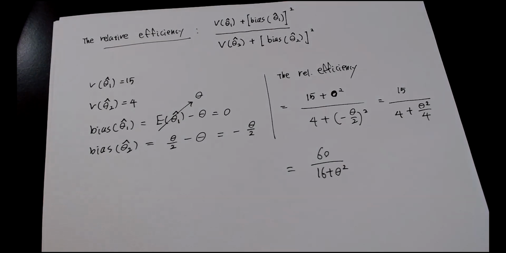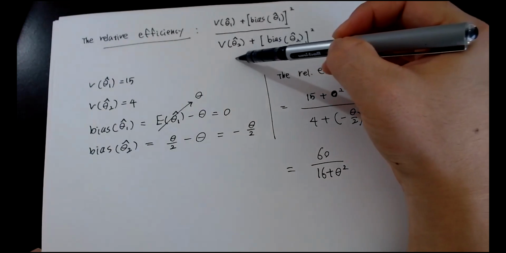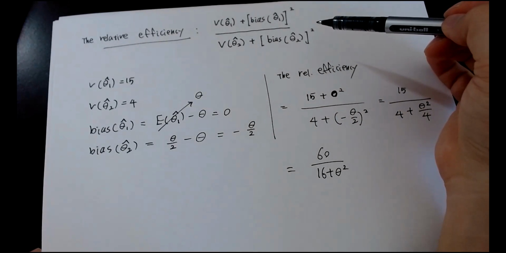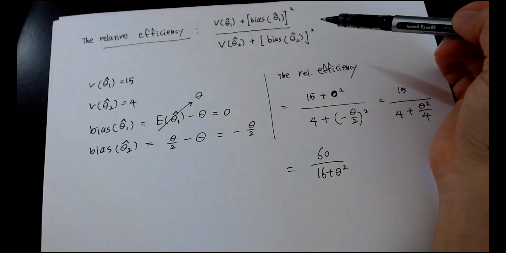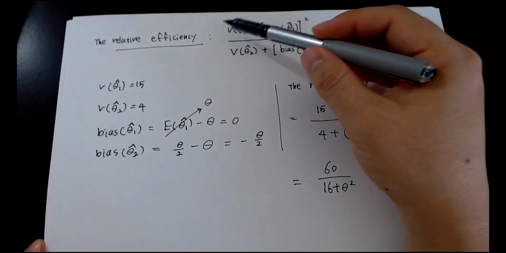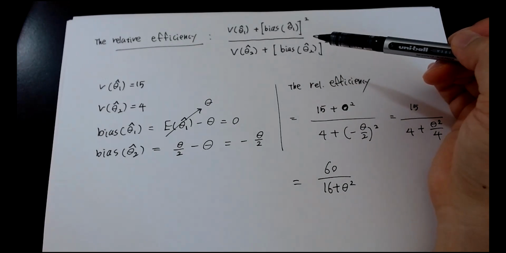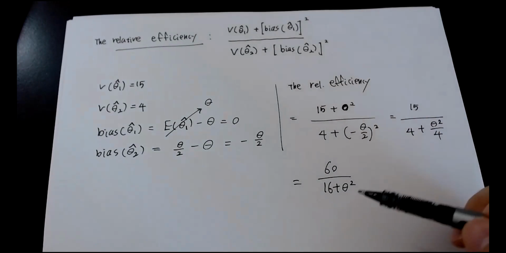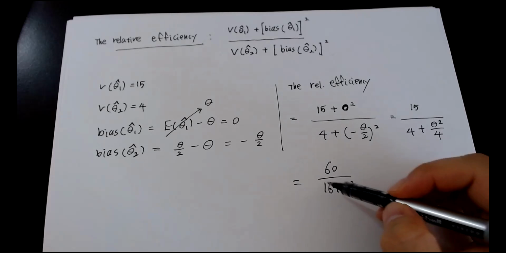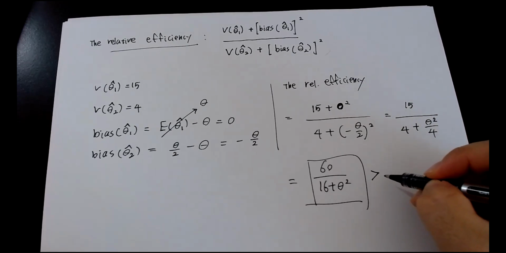Okay, so give me a second. So here, in order for theta 2 hat to be more efficient than theta 1 hat, the denominator must be less than the numerator. If the numerator is less than the denominator, that means theta 1 hat is more efficient than theta 2 hat. But the problem asks under which conditions theta 2 hat is more efficient than theta 1 hat. Then we have to find the range of theta where this is greater than 1.